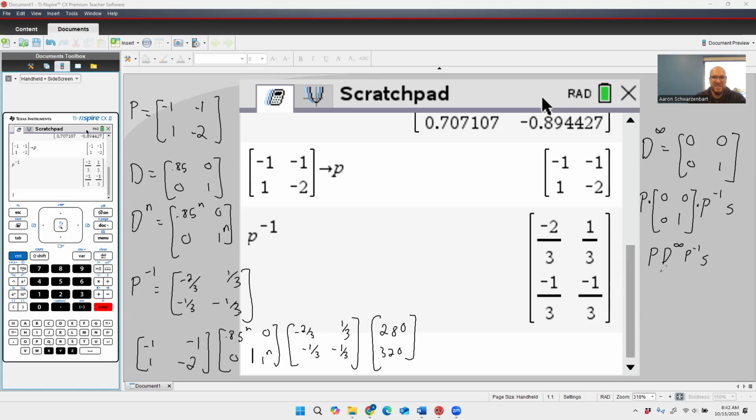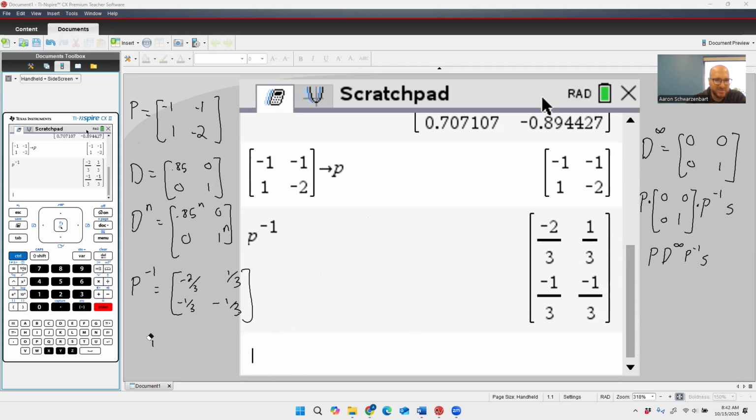No, because there's the D in between them. Think about it. So I'm now going to put this into the calculator, and I'll erase a little bit so I can see the calculator. I'm just going to put it in as a matrix and not bother storing that.